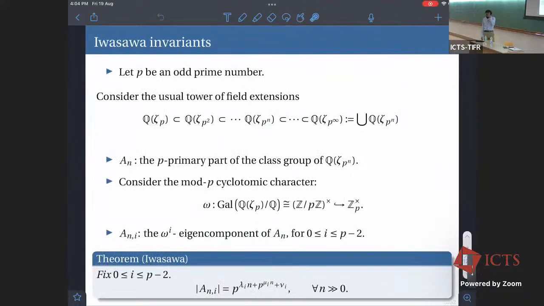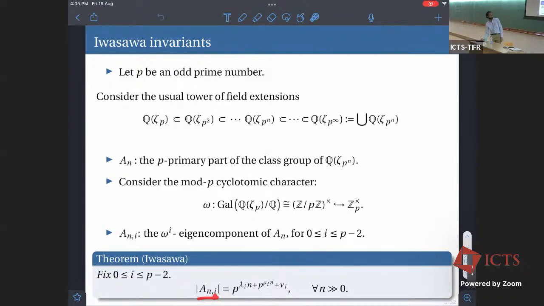And so the result that started Iwasawa theory was this asymptotic result on the size of these class groups. So you fix an eigencomponent i between 0 and p-2. What Iwasawa proved was that the size of this class group A_n^i, which is a power of p, has an asymptotic formula given in the following way.